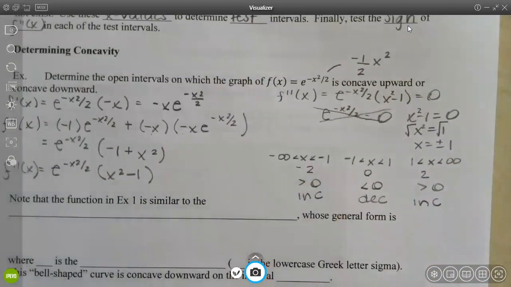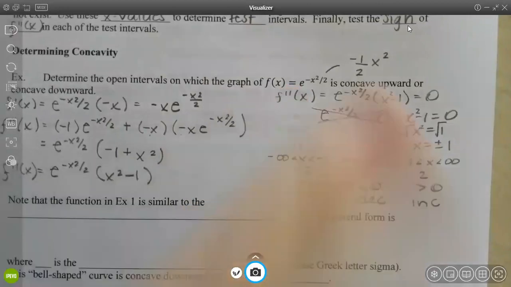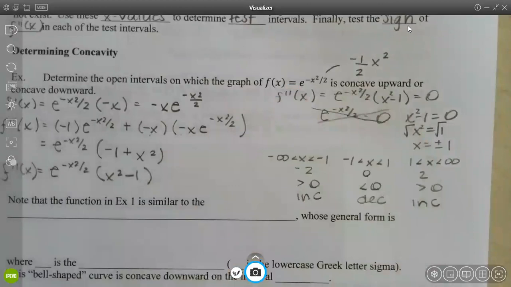So our critical number was -1. We would plug it back into the original equation to get our y value. So if they ask me for a specific point, it is your critical value for x plugged into your original equation. Okay, and we'll go back and do that eventually. I just wanted you to focus on the chart. Got it? So you know that it's where it changes from increasing to decreasing or decreasing to increasing.